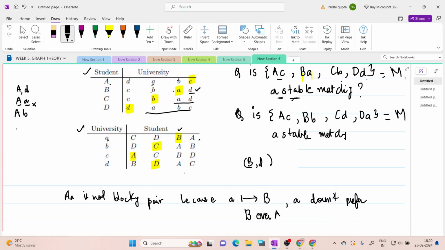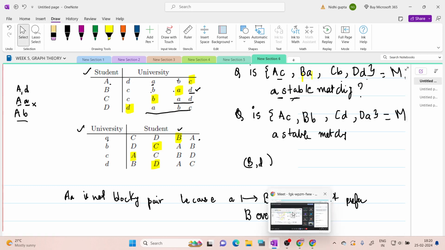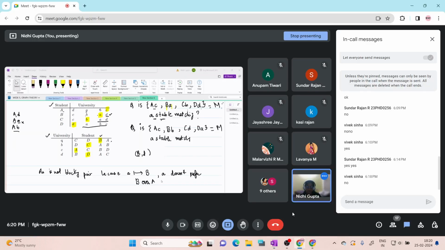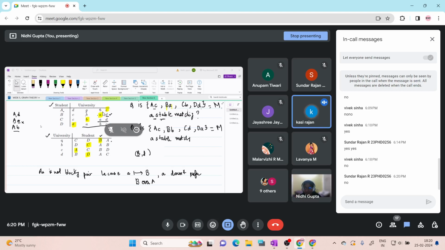What about AB? Is AB a blocking pair? We see that AB is also not a blocking pair because B is getting C, which is not preferred over A. So we see that these three are not blocking pairs.